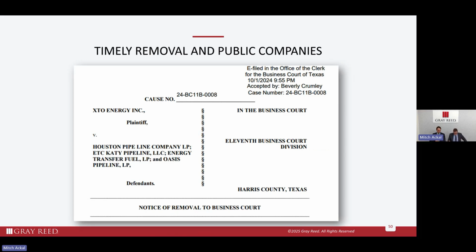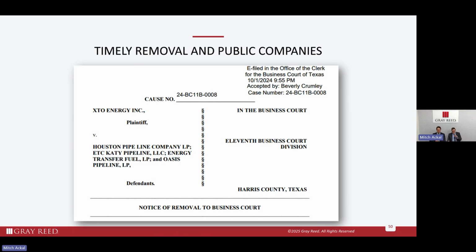So the next one, I did mention that we have a number of energy companies that have populated the early filed cases. So this is one that I put in here because it involves a public company. It's one of the first cases that kind of tested the definition of a public company, because there's not actually a publicly traded company involved in the case, but you have to go up the chain.